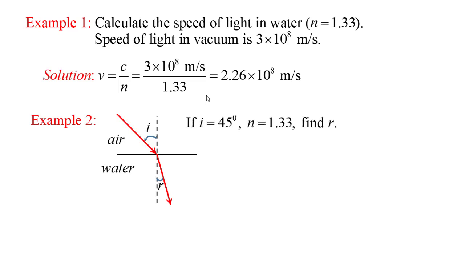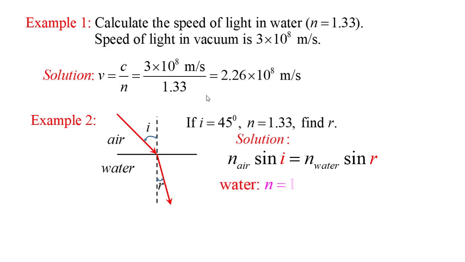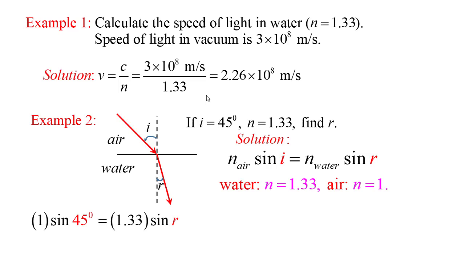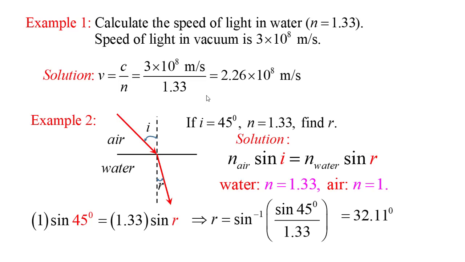If the angle of incidence I is 45 degrees and the refractive index of water is given to be 1.33, find the angle of refraction R. The solution is n_air sin I = n_water sin R. By substituting, with the refractive index of water 1.33 and that of air 1, remember that the refractive index of air is 1, we get R = sin⁻¹(sin 45° / 1.33), which gives us 32.11 degrees.